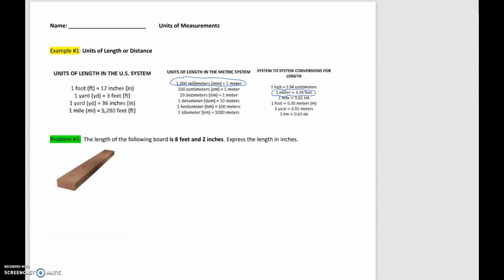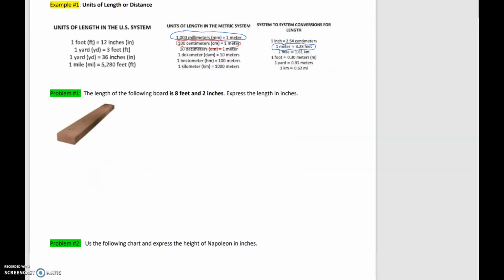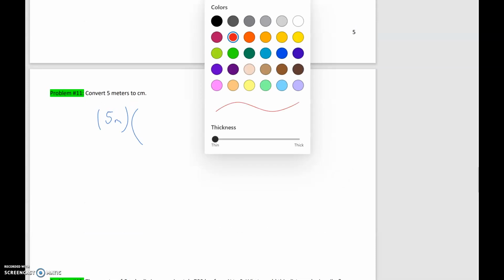So meters to centimeters, it's going to be 100. So let me use red. So 1 meter is going to be 100 centimeters.